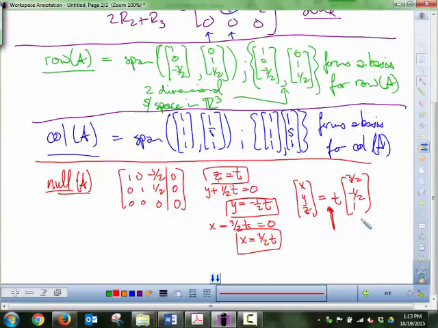So this is the null space. By definition, the null space are the x, y, and z values that would make this equal to 0. Okay, so that's null space.